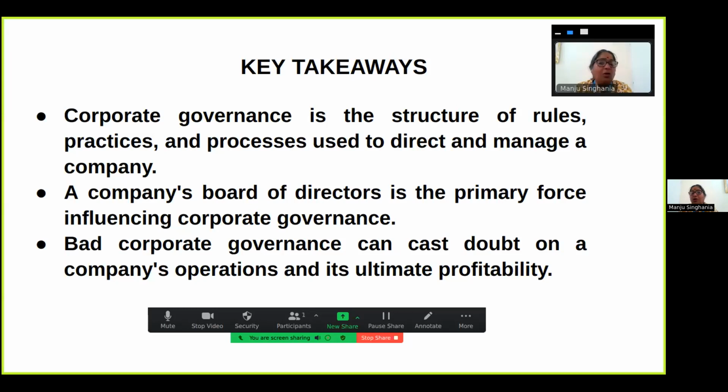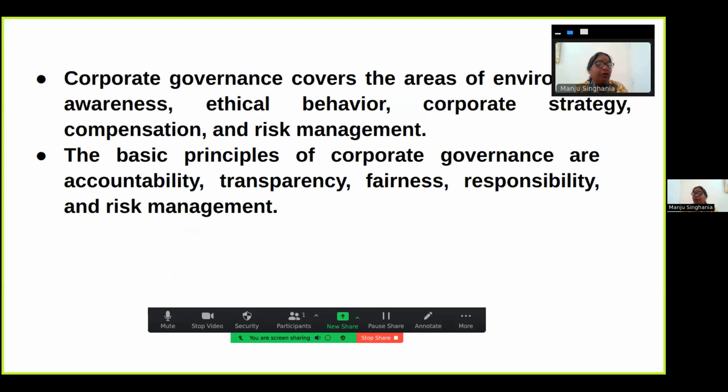And when the market is not there, profitability will also not be there. So corporate governance is necessary. If good corporate governance is not there, the company will not have a market, the company will not have profit.